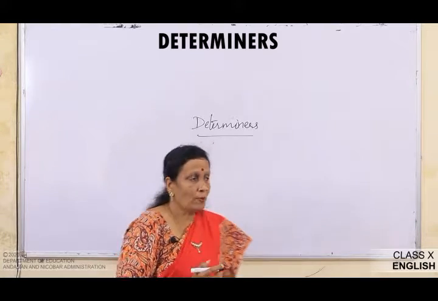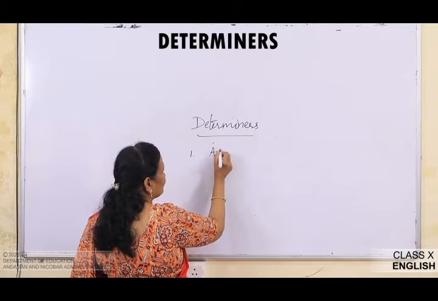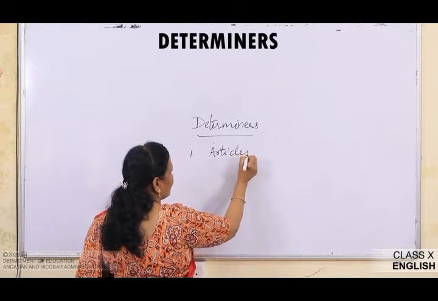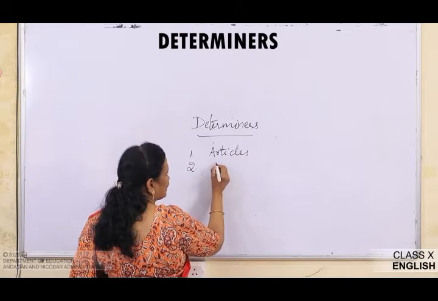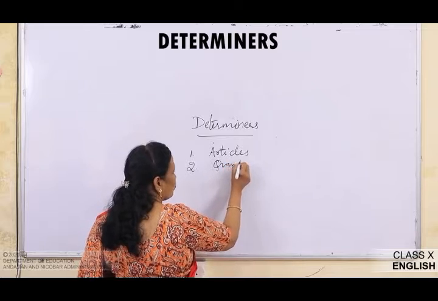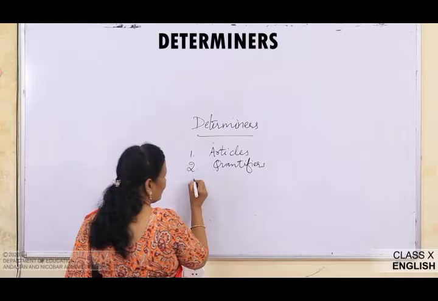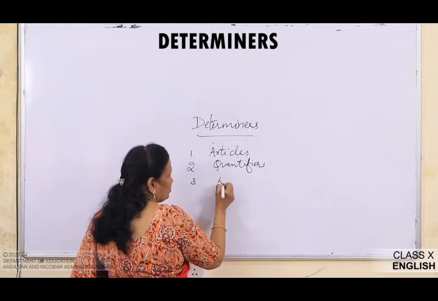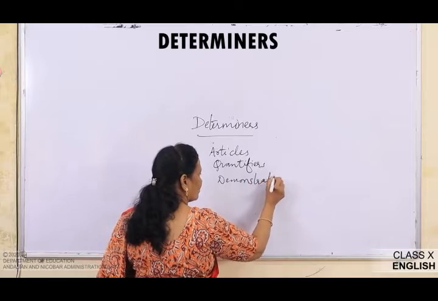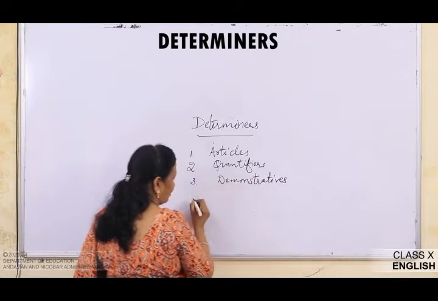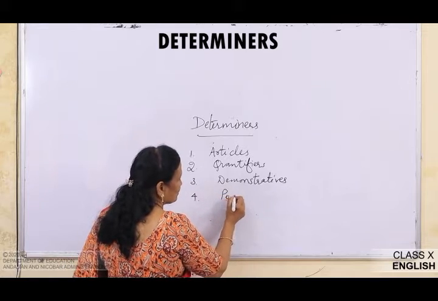And we had also looked at the different components of determiners: articles, quantifiers, demonstratives, and possessives.